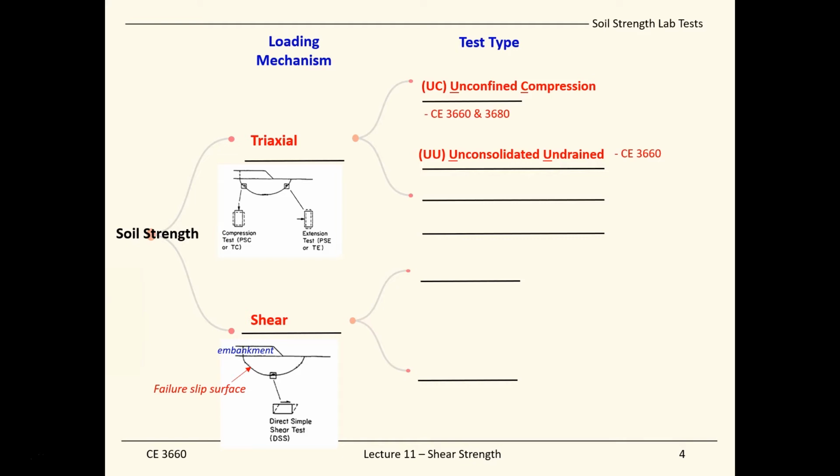For the next level of testing, we do have a confining stress, sigma 3. The first one is the unconsolidated undrained test, the UU test, and in this class we will also cover this test in detail.